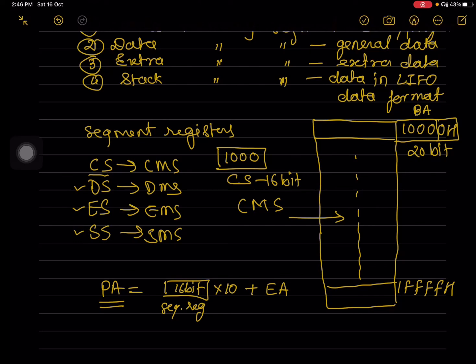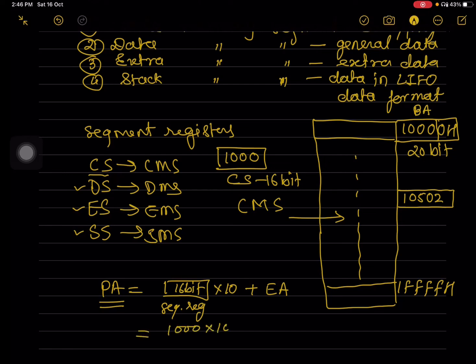For example, if I need to access this particular memory location with the address 10,502, then the base address is taken from the corresponding segment register, which is 1000.